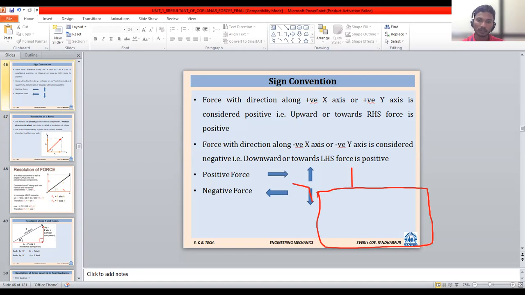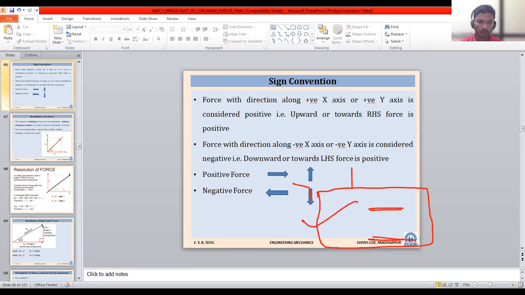Which thing I have asked you to remember as far as horizontal and vertical components, or x and y components, are calculated: for which we have to take the cosine function and for which we have to take the sine function. Am I audible? Yes, sir.